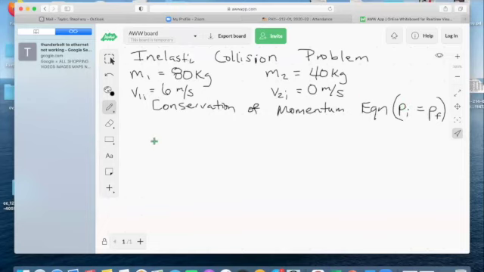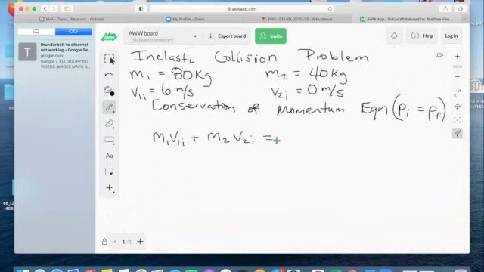So you're going to have M1 V1 initial plus, okay, so we have 2 people, so we need to do it twice. So we're going to have M2 times V2 initial. So this is the grandkid.